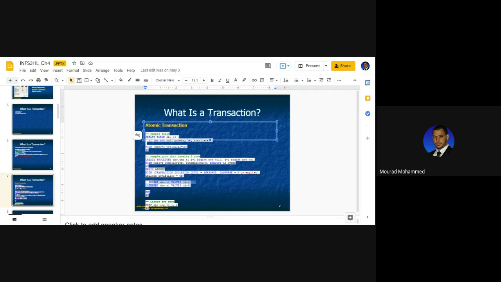Later on, this atomic process, once created, would be called for execution anytime it is required.